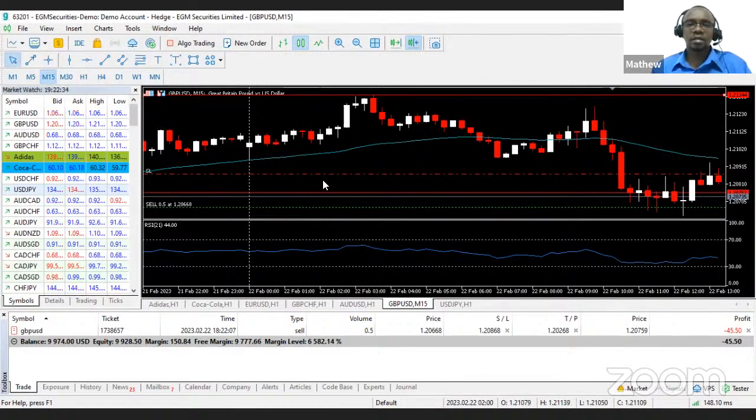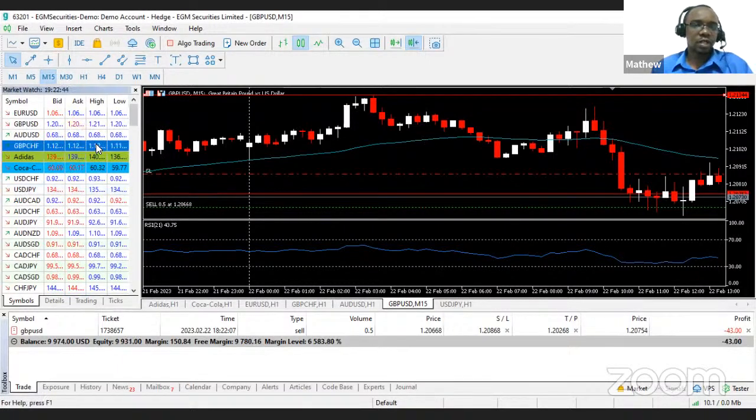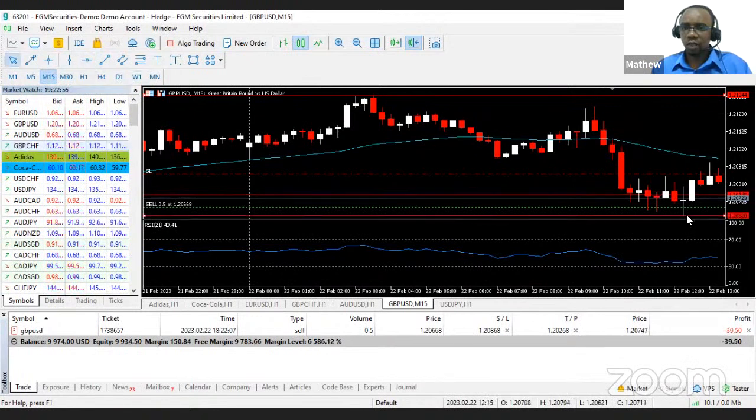That was the highest level, but you can always see it on your market watch, and you can always identify the highest point based on these figures given here. In that case, you also want to map out the lowest price. So the lowest price will be that.